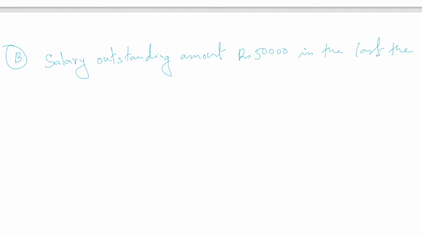See, if the question is like this: salary outstanding amount rupees 50,000 in, say for example, the last month, paid now by check number 5326.